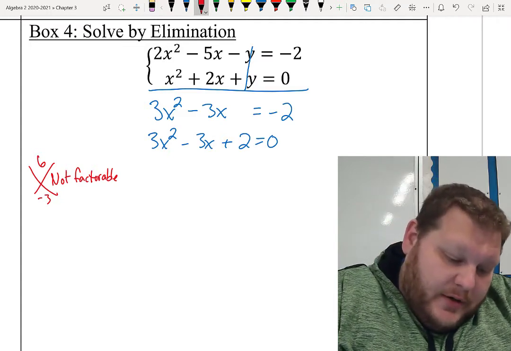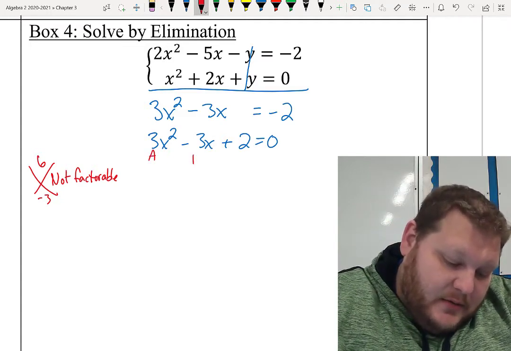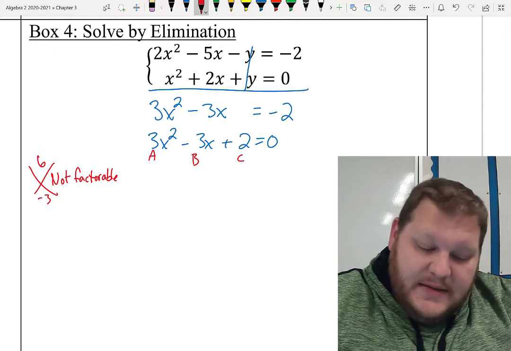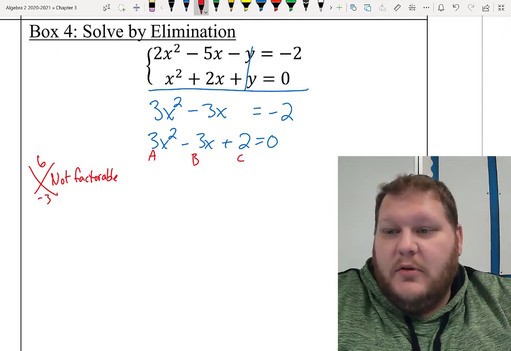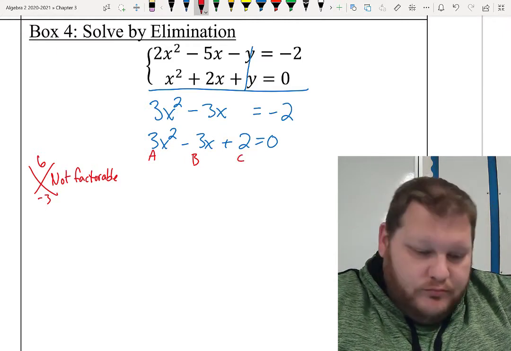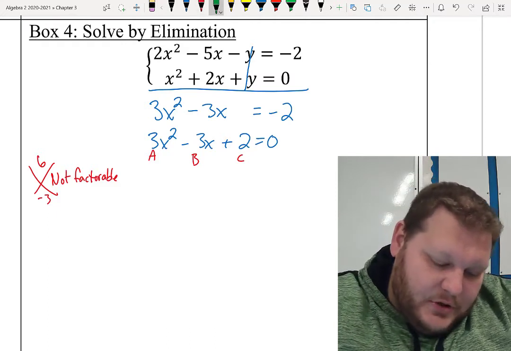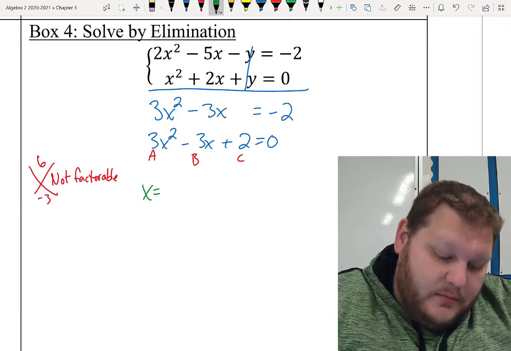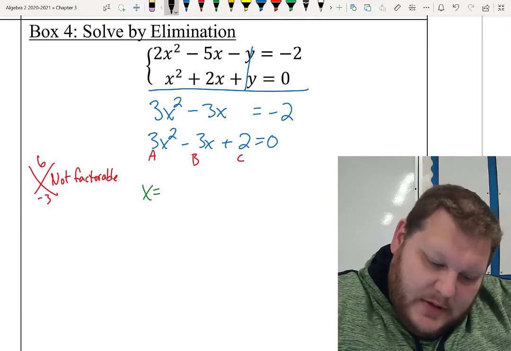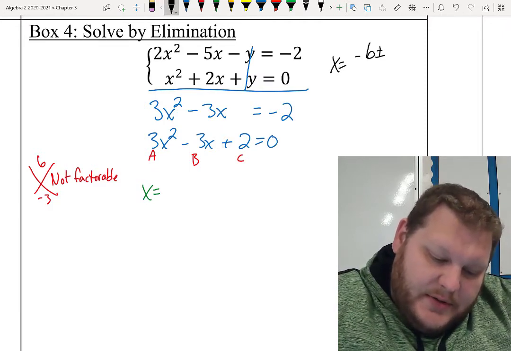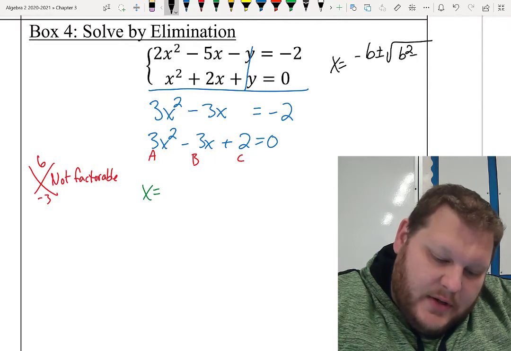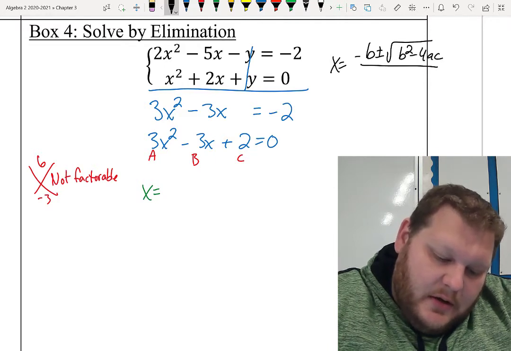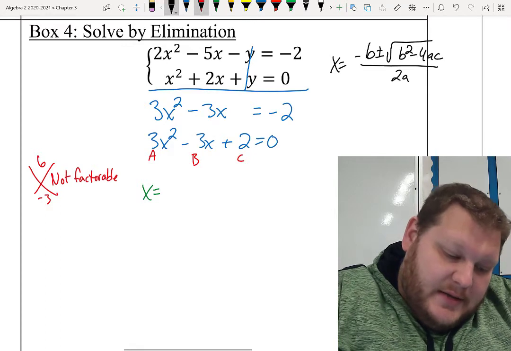So in the quadratic formula, here's my A, here's my B, here's my C. A would be 3, B would be -3, C would be 2. So let's switch over to green here. x equals -b plus or minus the square root of b squared minus 4ac, all over 2a, for those who forgot.